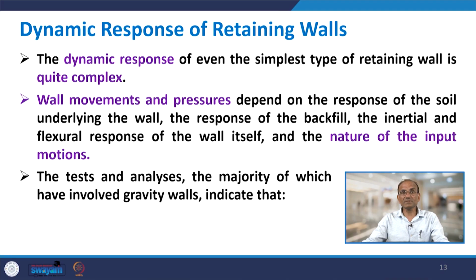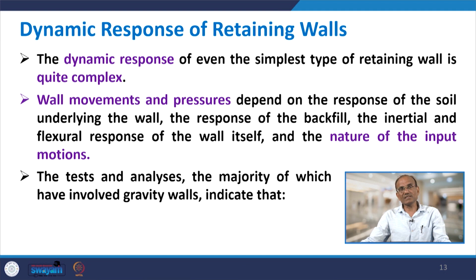The dynamic response of even the simplest type of retaining wall is quite complex. Wall movements and pressures will depend on the response of the soil underlying the wall. So, you have the soil, and below the wall there is soil. How this soil moves matters accordingly. They also depend on the response of the backfill, the inertial and flexural response of the wall itself, and the nature of the input motion.